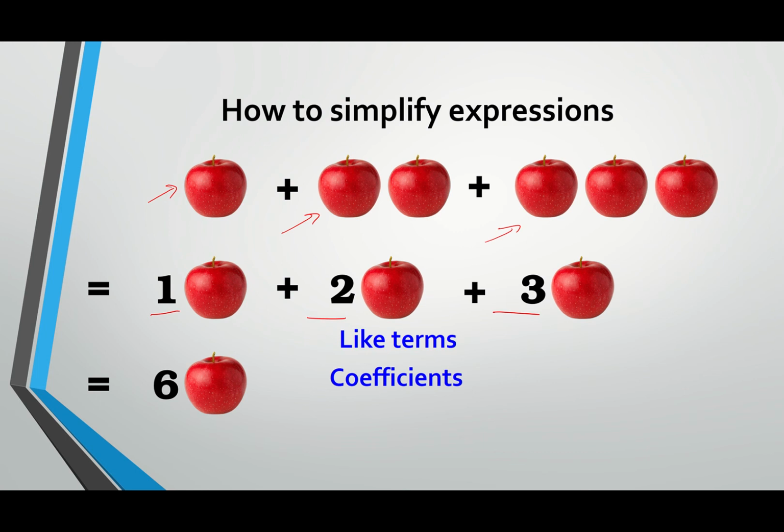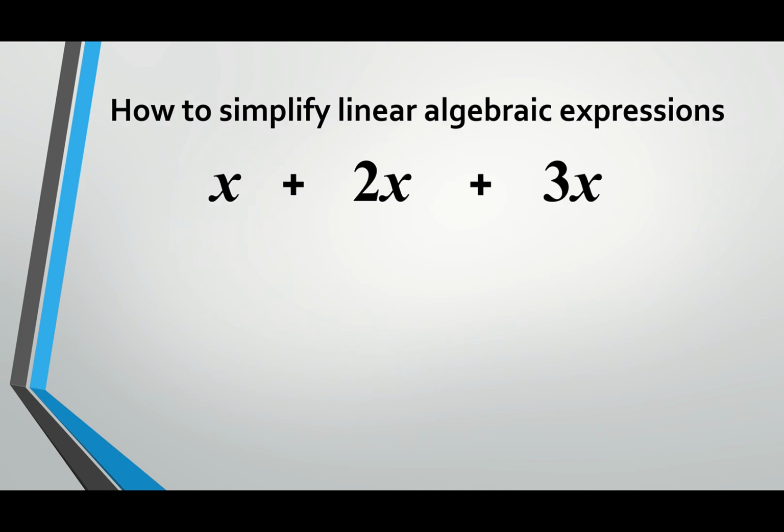Okay, next example. If I were to change this story on apples to, let's say, x, how would you simplify these linear algebraic expressions? Just like the apple story, we have 1x. When we don't have any number, no coefficient in front of the x, it doesn't mean that there's no coefficient. It means the coefficient is 1.